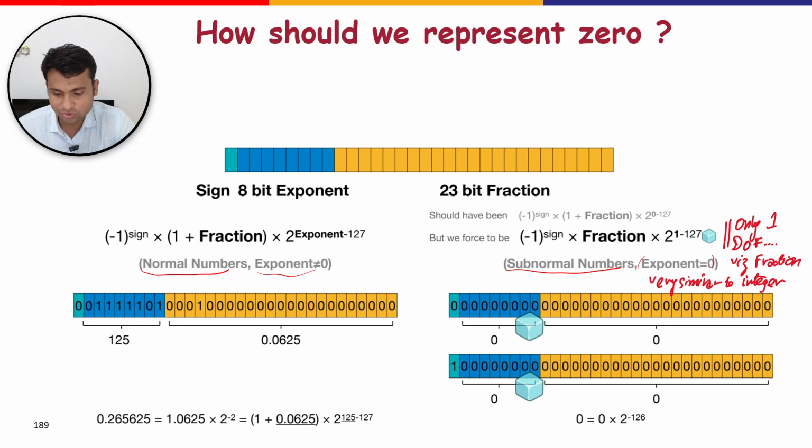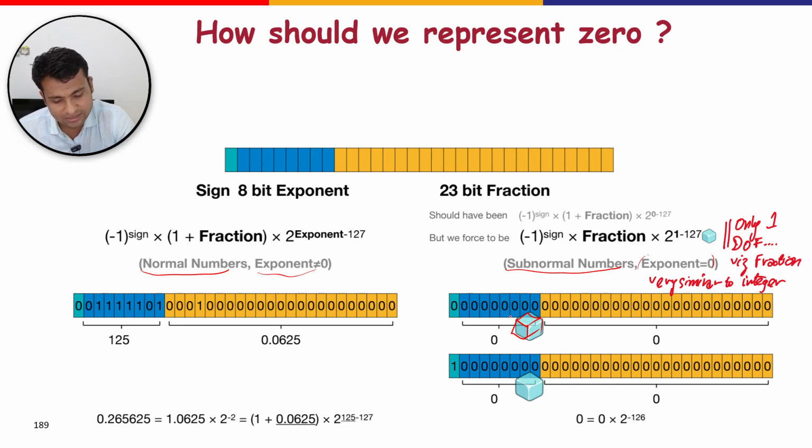Because a natural question for you would be that in the normal representation, if I have to represent 0, let me make fraction bit as 0 and let me make exponent as 2 raised to the power something, so that's just into 1. But there is no factor of 0 coming in here, so we'll have to bring in some factor of 0, right? And that's why we have subnormal representation, in which this is fixed here.